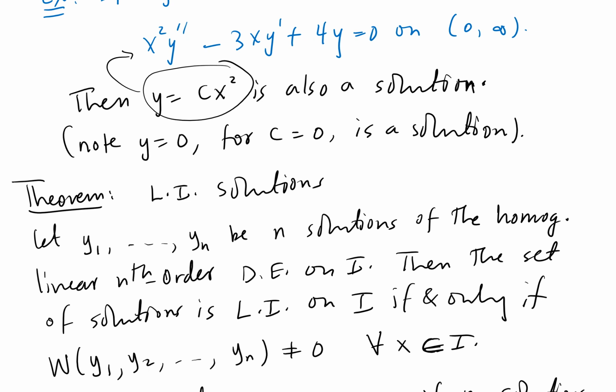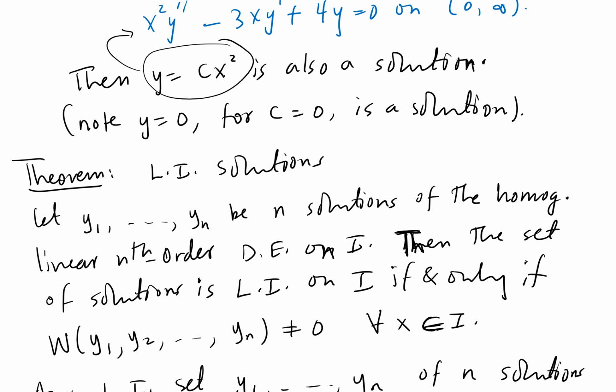Let y1 to yn be n solutions of the homogeneous linear nth order differential equation on interval I. Then the set of solutions is linearly independent on I if and only if, which means you can go both ways, the Wronskian W of y1 all the way to yn is not 0, as you may remember from the previous part of this section.